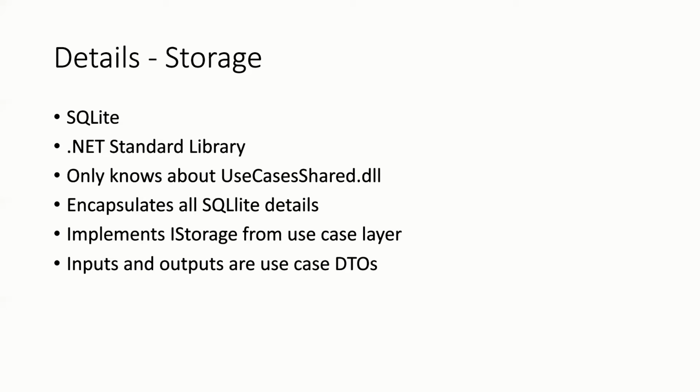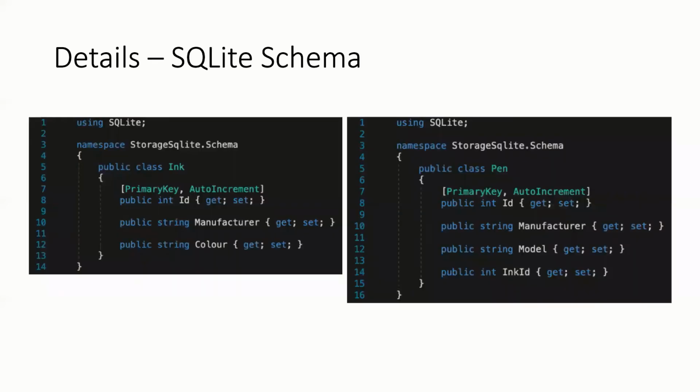We encapsulate all the SQLite details inside of the storage component, and we implement IStorage from the use case layer. Inputs and outputs are all with use case DTOs, because the IStorage interface exposes things as use case DTOs. So this is our schema files for our SQLite storage, and you can see here we're starting to get attributes on things.